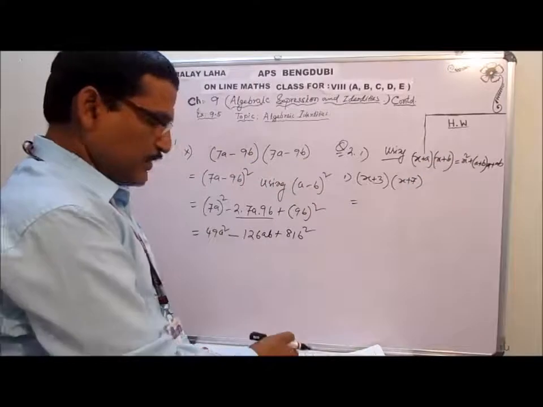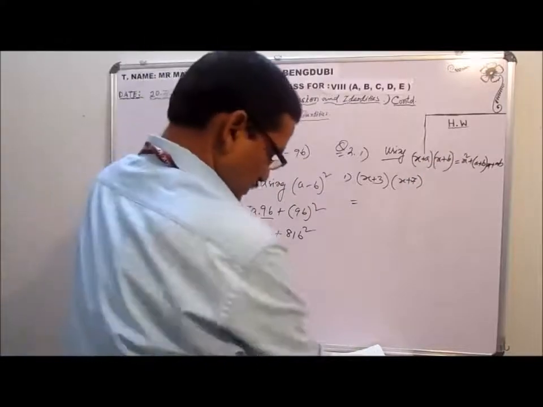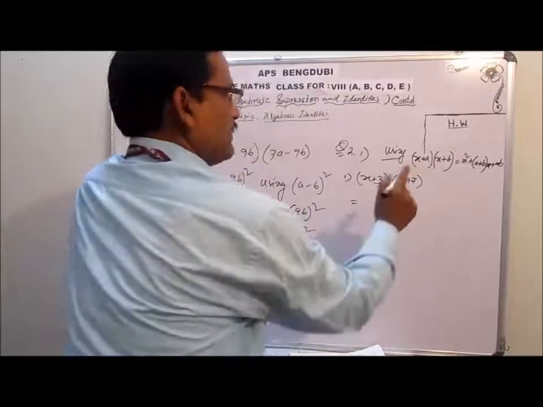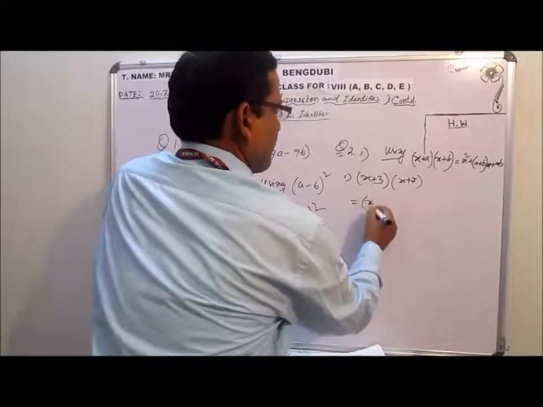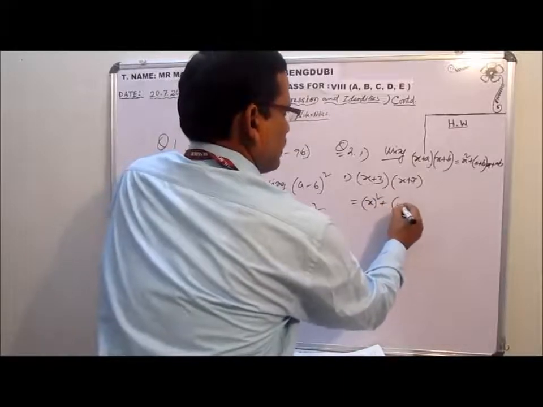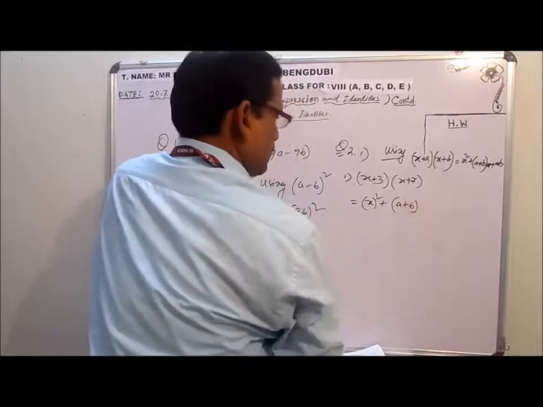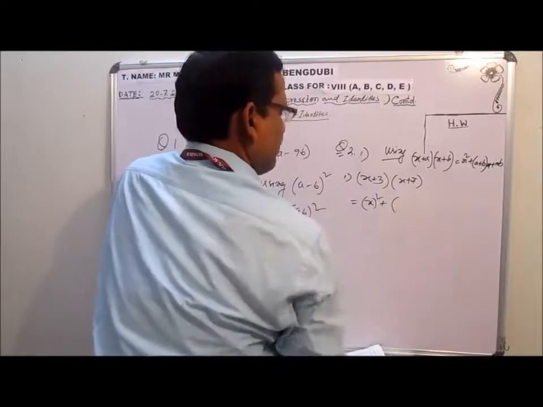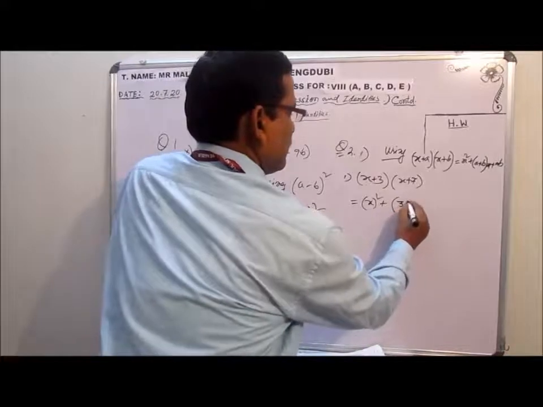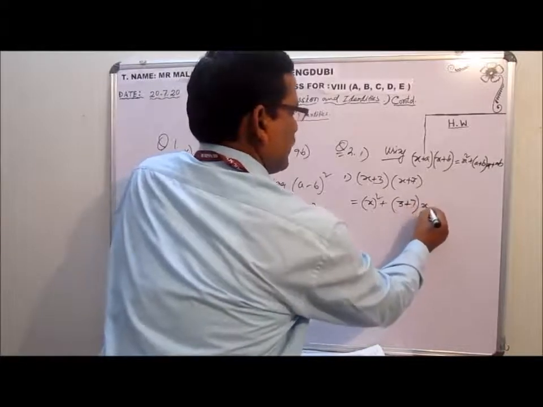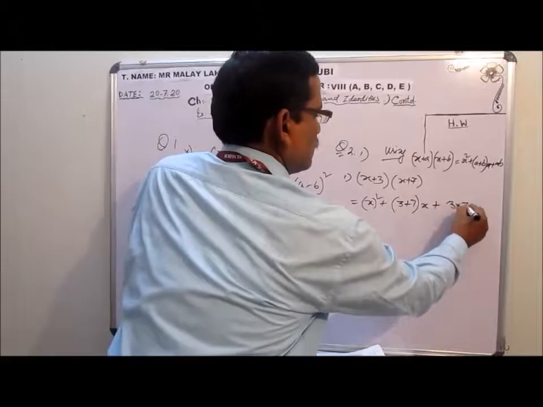All the questions given in this instruction, you have to follow this identity only. So x square plus (a + b) into x plus ab. A is 3, b is 7, so (3 + 7) into x plus 3 into 7.